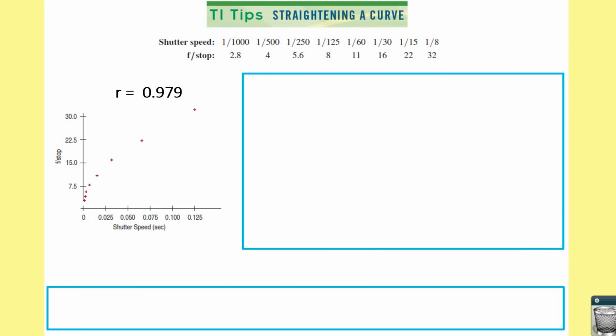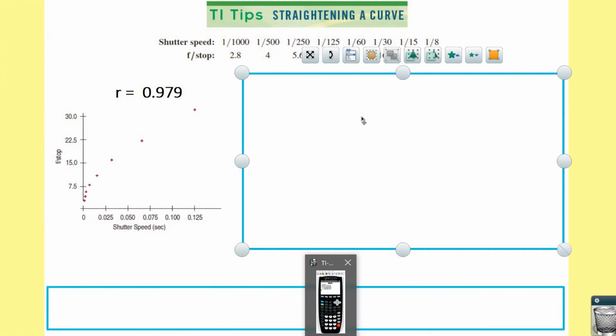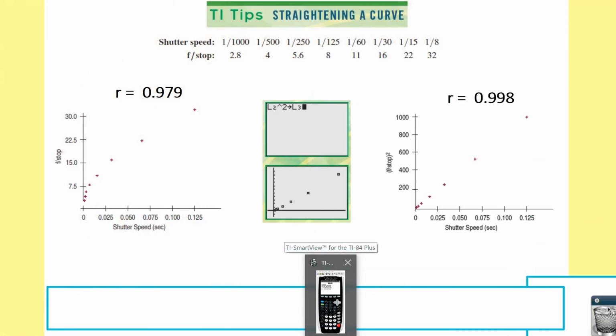So what we can do is we can put this data into our calculator. When we put it in there like this, so list 1 and list 2. Oh, I guess I didn't notice they labeled it different. All right, but if I wanted to square it, I could literally just take the list 2 and square it.